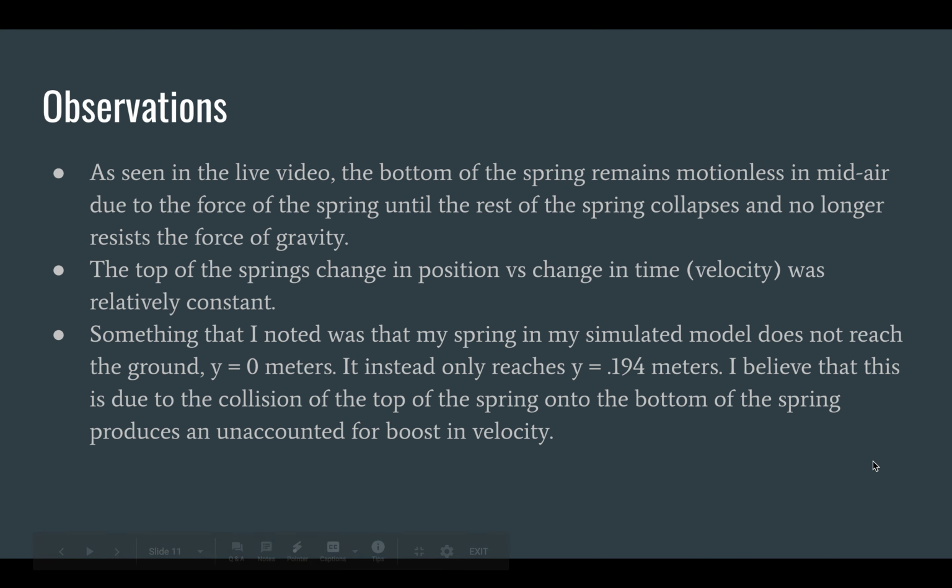It only reached y equals 0.194 meters, and I think this is due to the top of the spring, as it collapses onto the bottom of the spring, that collision imparts an unaccounted for boost in velocity, which is not modeled in my simulated model, which is why the bottom only reached 0.194 meters off the ground at the end of my time interval.